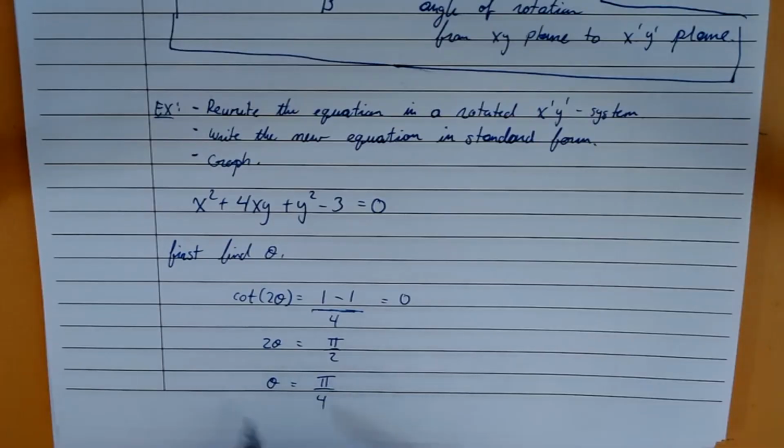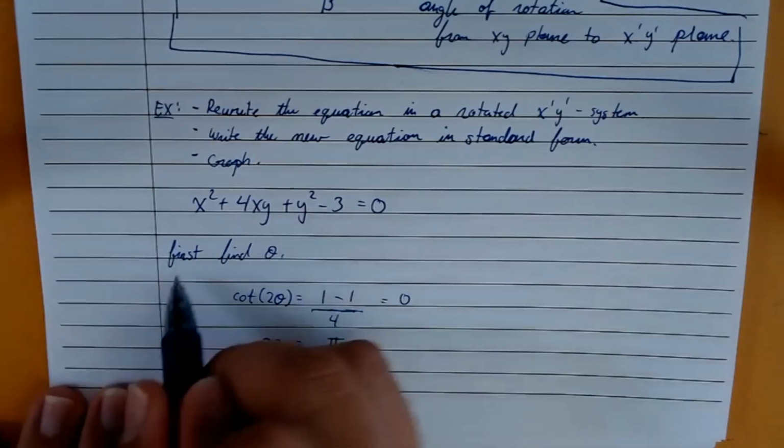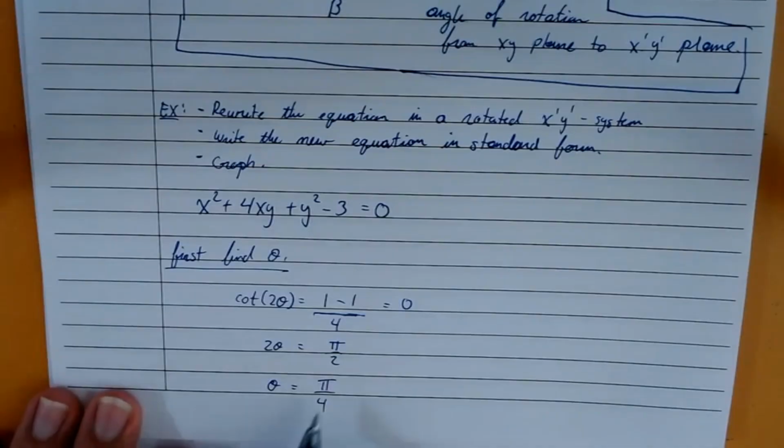So note that most of the problems in this section are going to give nice numbers, but keep in mind that in application, you'll often find that's not so nice. So first we find our angle theta, which we did.